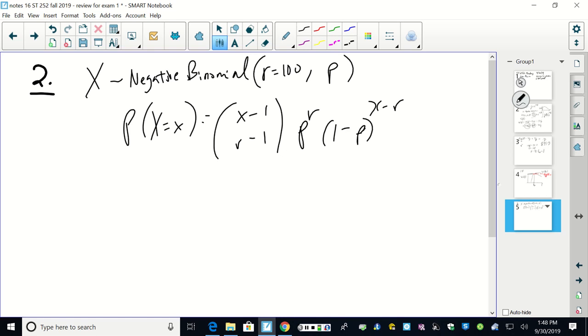So we really only have one observation when it's presented like this. It's the count of the number of trials. So you're going until you get 100 successes. So it's kind of like 100 trials, but they're all added together. So in this one, the MLE, we observe this number of trials to get our successes.